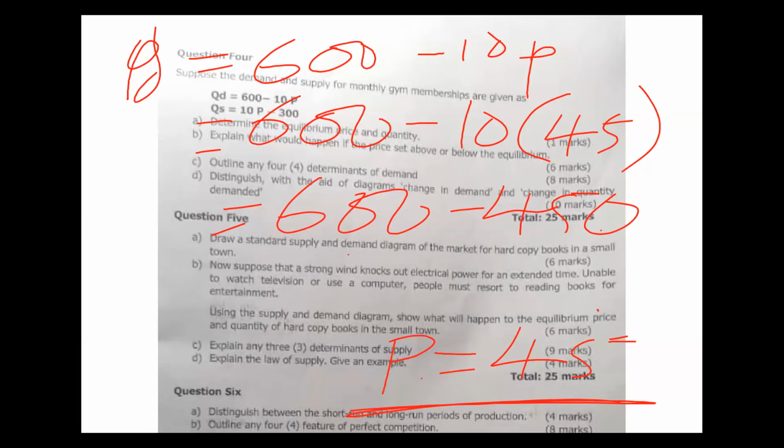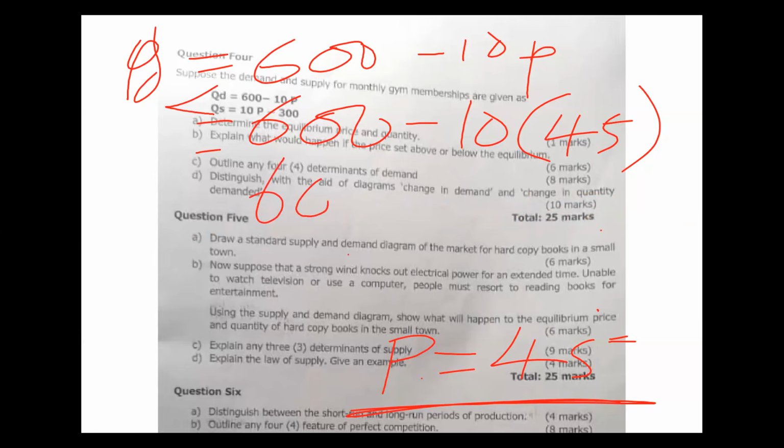Please come again there. I've lost you in the quantity. Okay, for the quantity, you choose either of these two equations, the quantity demanded equation or the quantity supplied equation. Everywhere there is P, you replace it by putting 45. So we have 600 less 10 times 45, which is 450.